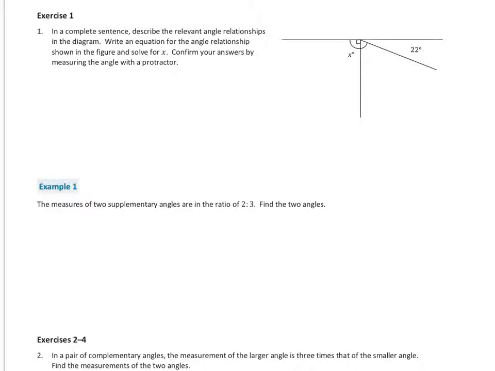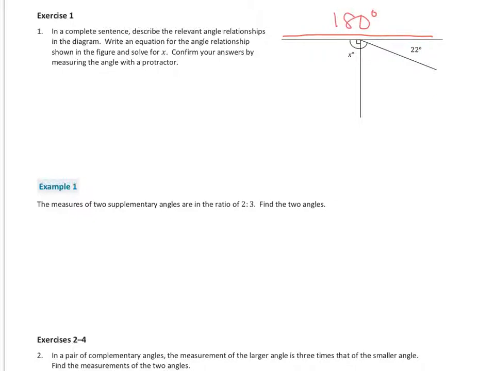All right, so let's begin. First off, the first thing that I see is a straight line. Okay, and we know that a straight line equals 180 degrees. All right, so that's the first thing that I notice.